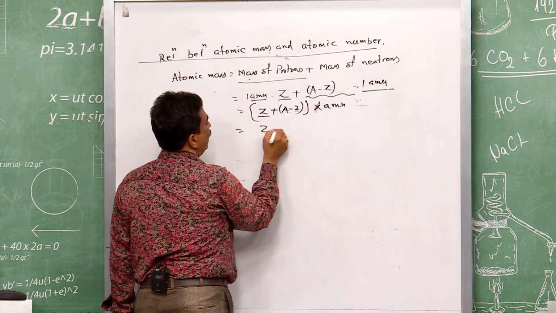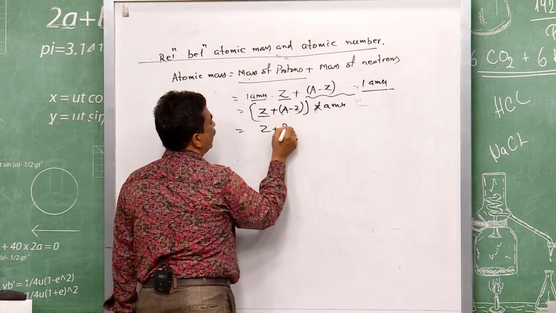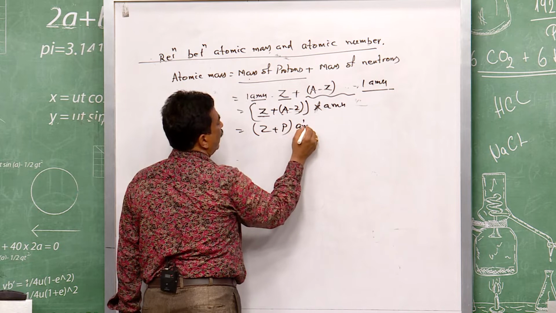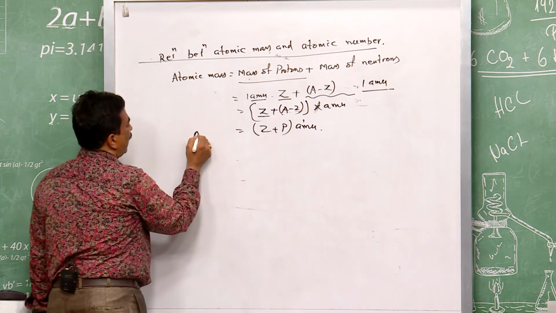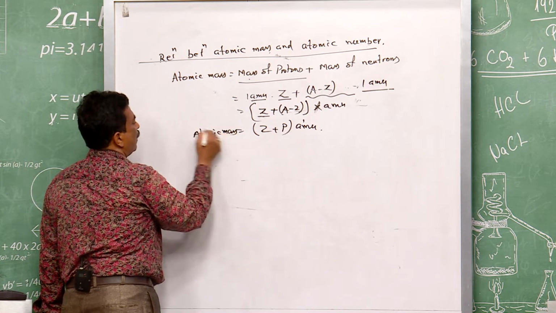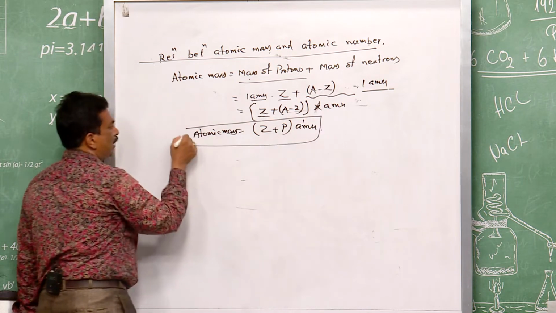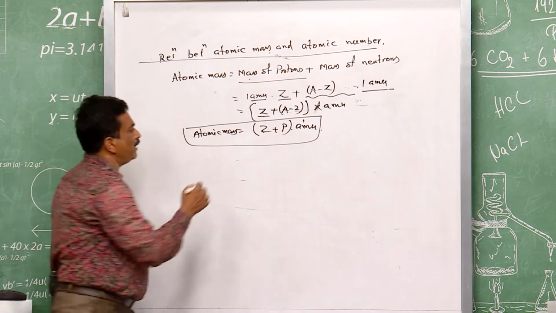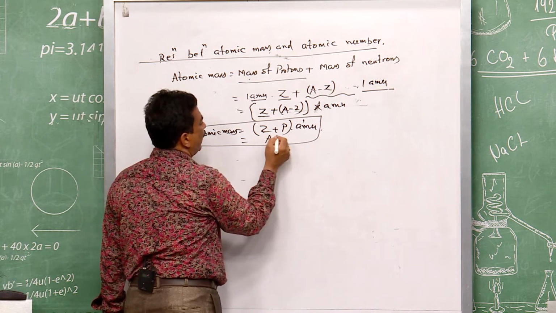So Z, this is the number of protons we have taken as P. So the atomic mass is equal to Z plus P into AMU. But what is Z plus P? Z plus P is A.